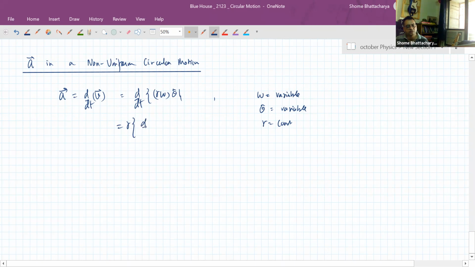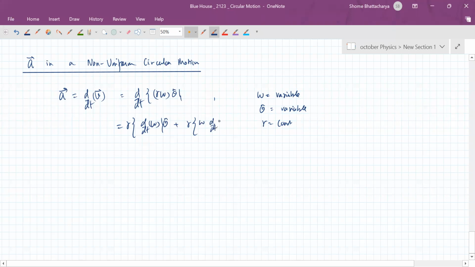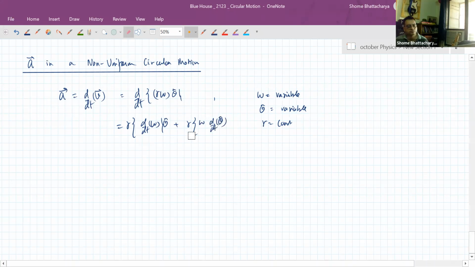We can write it as the differentiation of the first term, omega, into theta cap, plus omega into the differentiation of theta cap. Keep the radius outside altogether.